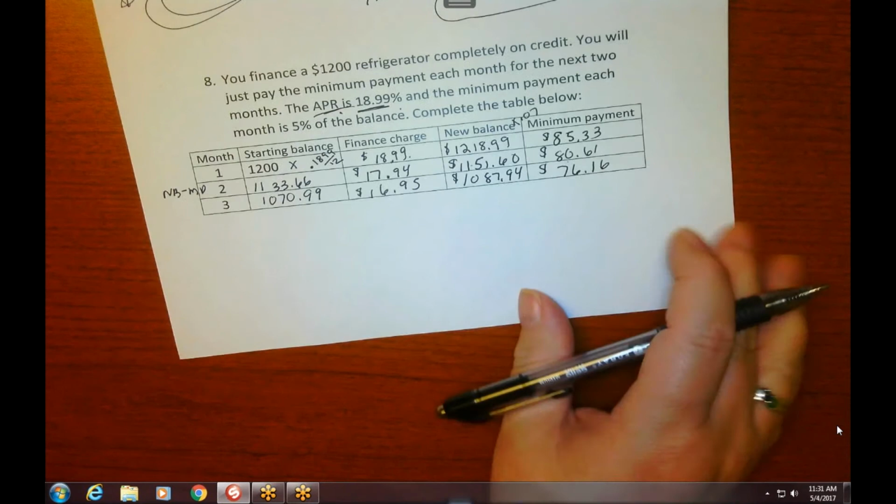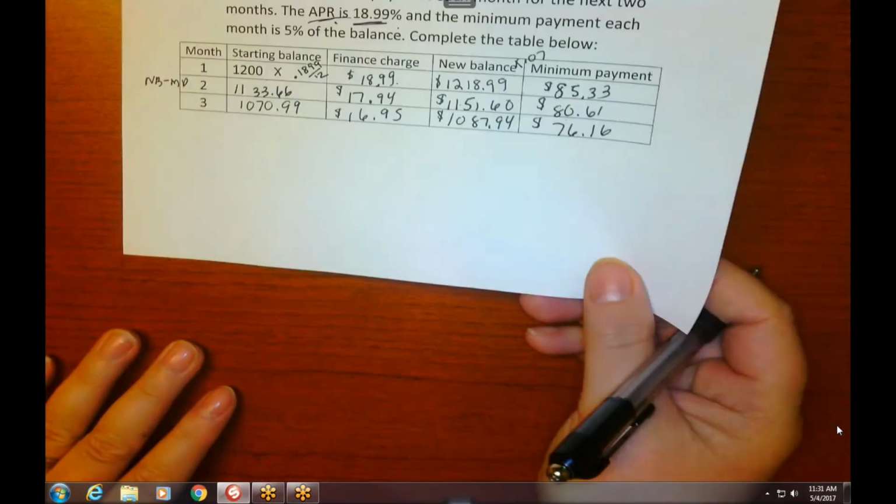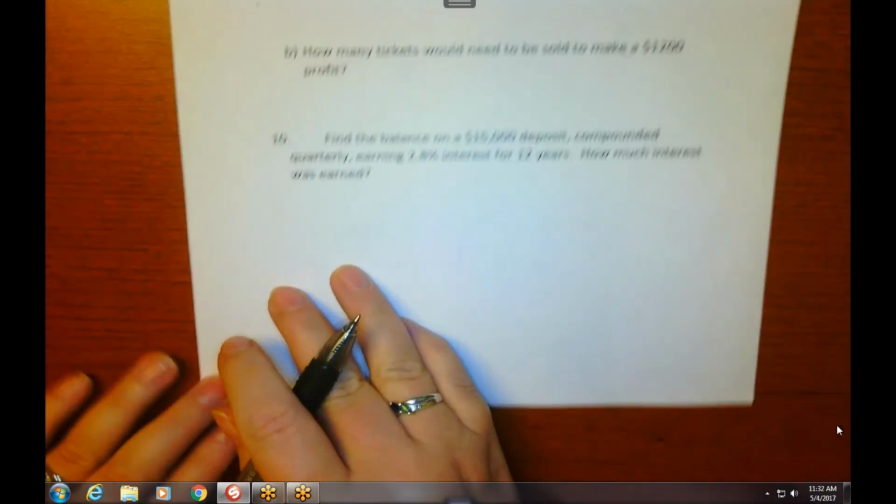And there it is. And hopefully I didn't make any errors. Let me know if I did. I'm going pretty quick here trying to get to the next class.